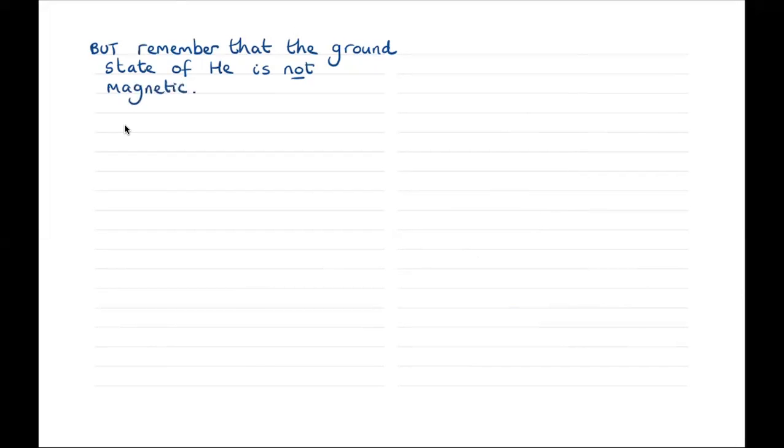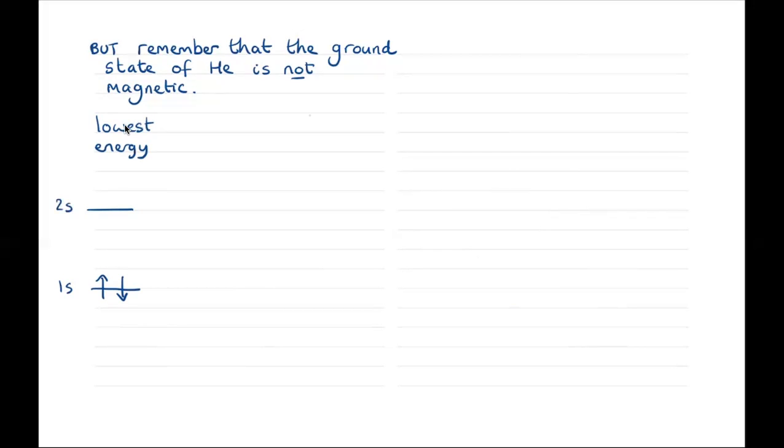So if we order our spin arrangements in terms of their energy, then of course the lowest energy overall, the ground state of helium, will have both of the electrons in the 1s orbital.